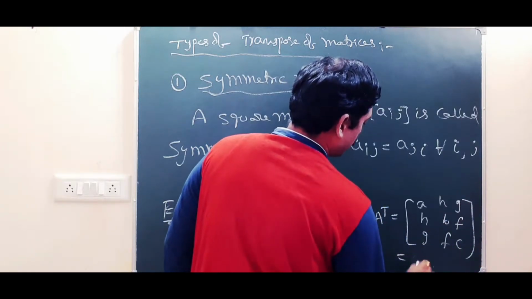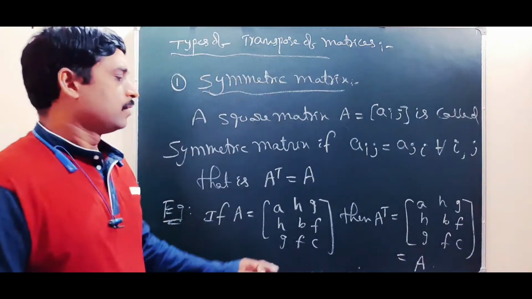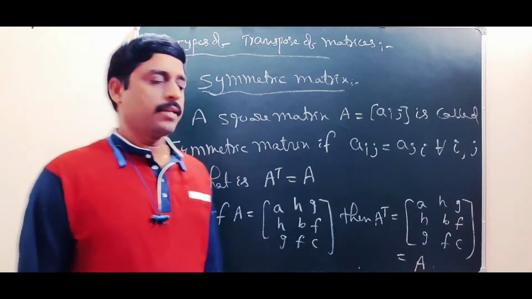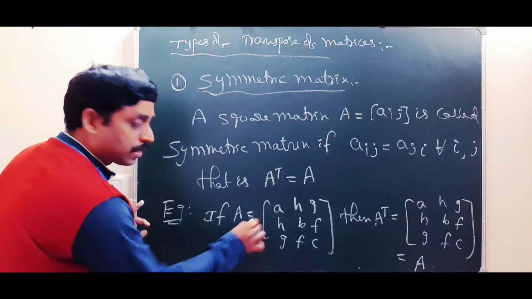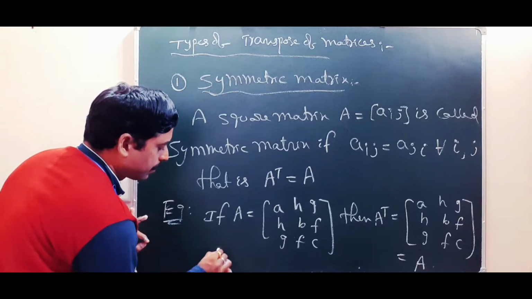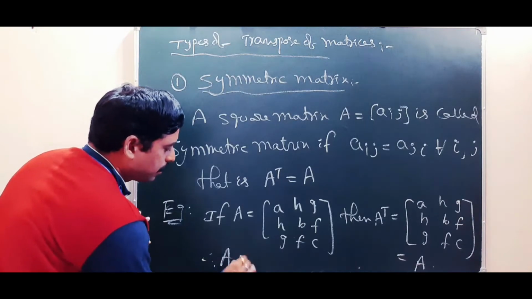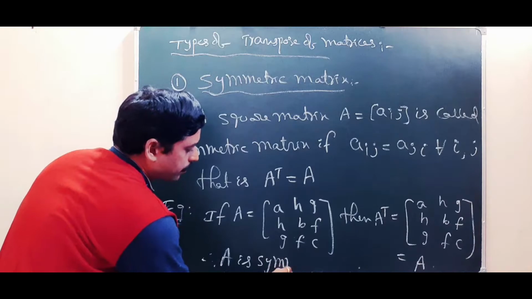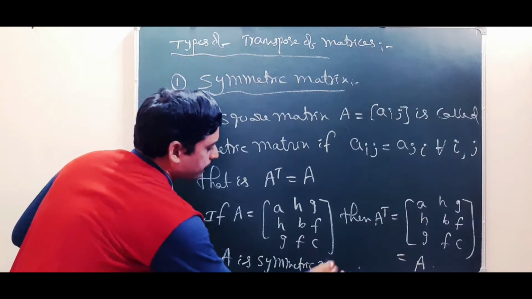So this is nothing but A. So if A transpose equal to A, then A is called a symmetric matrix. This is an example for symmetric. Therefore A is a symmetric matrix.